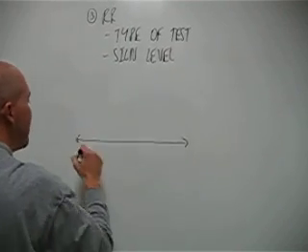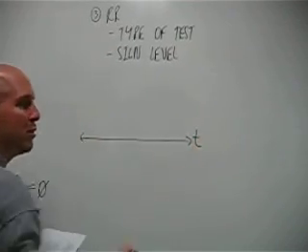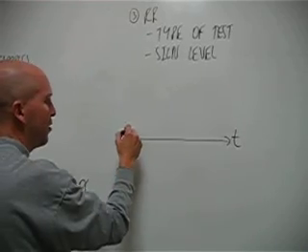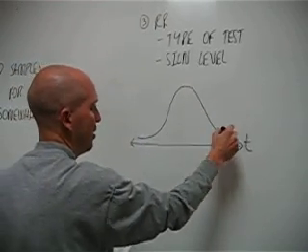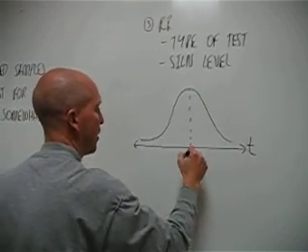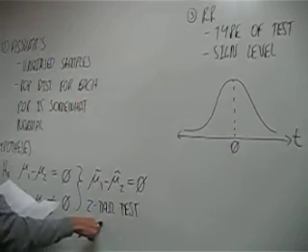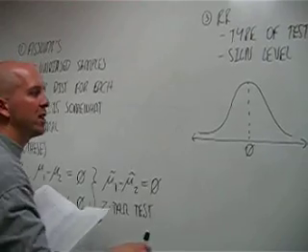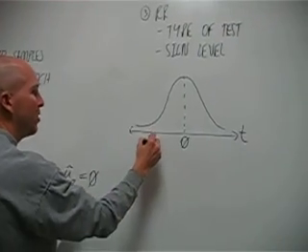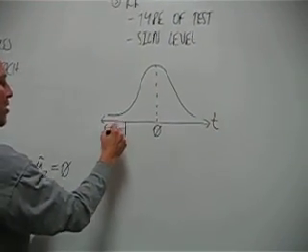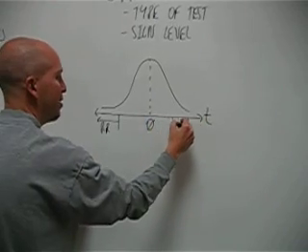For this type of test, our sampling distribution is a t-distribution, so it looks somewhat like a normal distribution centered at 0. First I apply the type of test. We said earlier we have a two-tailed test, which means we have a rejection region in both tails, the left-hand tail and the right-hand tail.